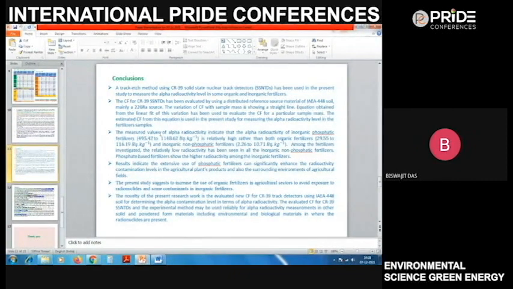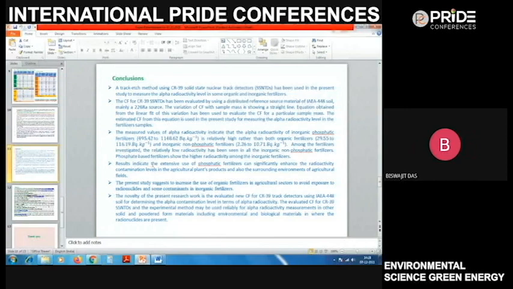The measured values of alpha radioactivity indicate that the alpha radioactivity of inorganic phosphatic fertilizers is relatively higher than both organic fertilizers and inorganic non-phosphatic fertilizers. Among the fertilizers investigated in the present study, relatively low radioactivity has been seen in all inorganic non-phosphatic fertilizers. Phosphate-based fertilizers show the higher radioactivity among the inorganic fertilizers as well as organic fertilizers.